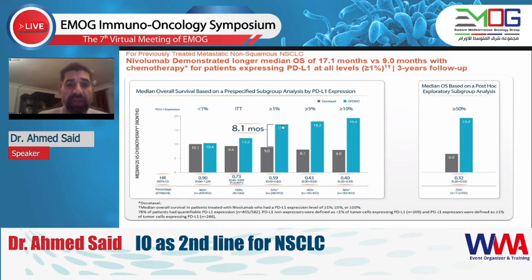For more than 1%, we have 17.1 versus 9 months, a gain of 8.1 months in overall survival. And this increases as PD-L1 increases, as we can see with exploratory analysis for patients with more than 50%: 19.4 months versus 6.9 months with a hazard ratio of 0.32.